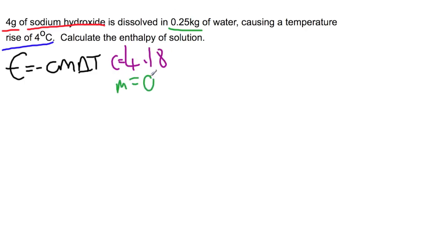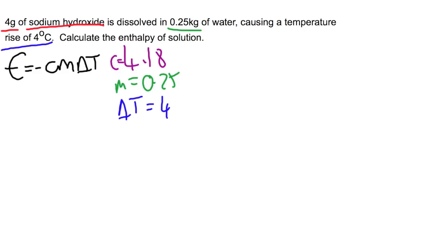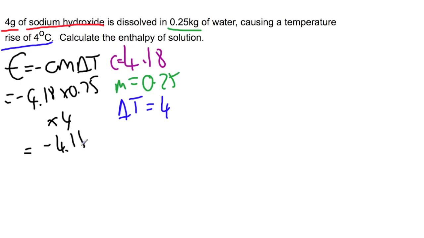M is the mass of the water, 0.25 kilograms, and delta T is the temperature rise in this case, which is 4 degrees. So if we put these into the equation, we have negative 4.18 times 0.25 times 4, and that gives us a value of negative 4.18 kilojoules.